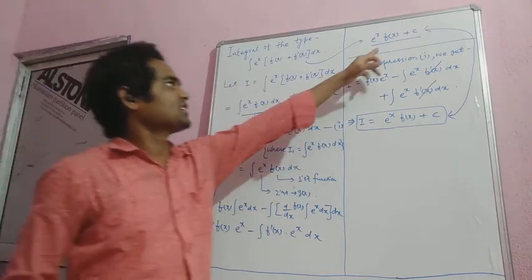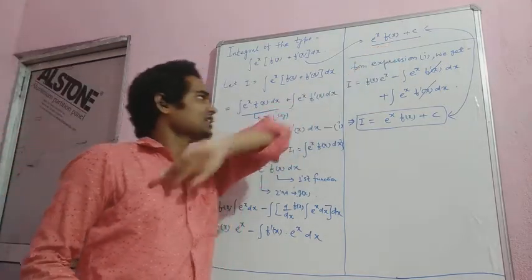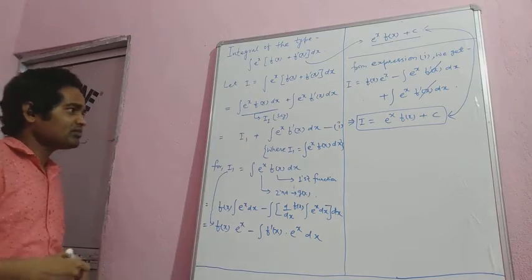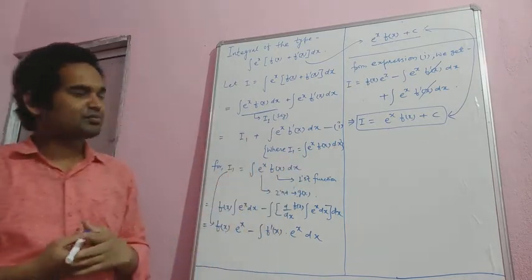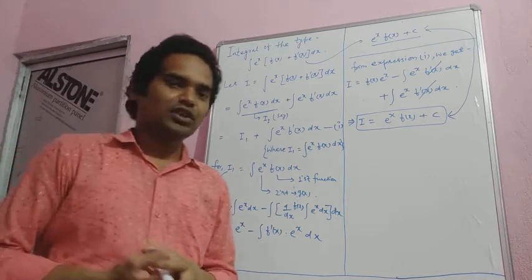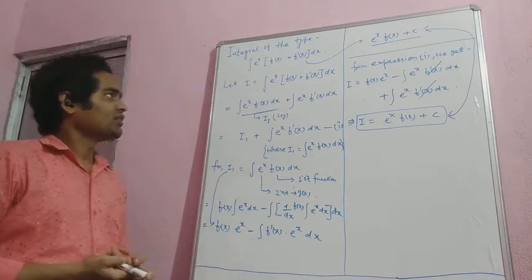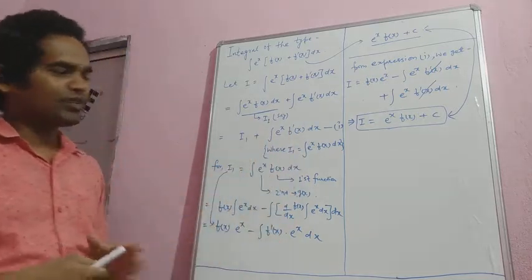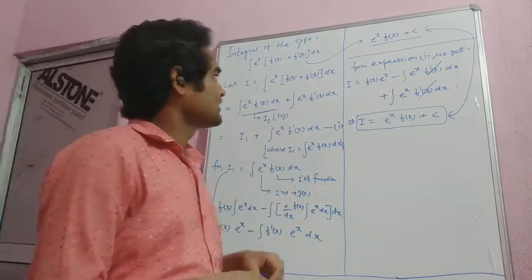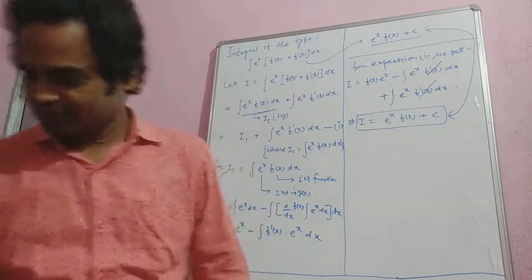That means f(x) is the selected function. So now, students, this is another type of integral. Now we will clear this concept with the help of an example. So let's take an example, students.